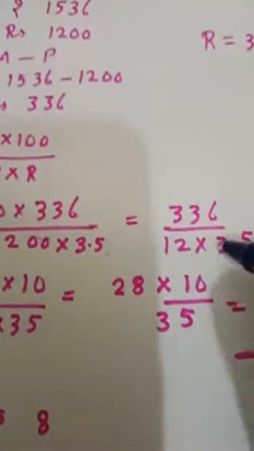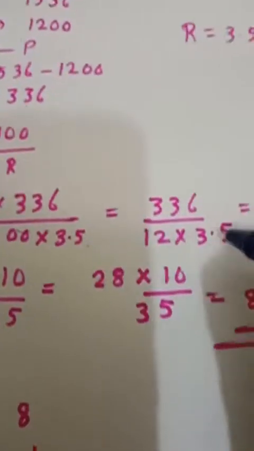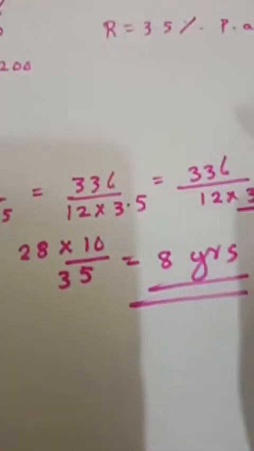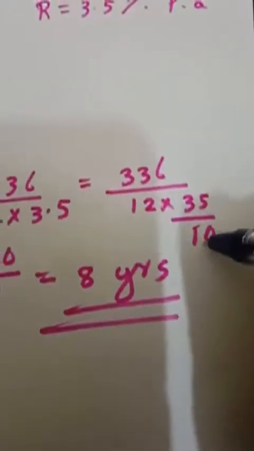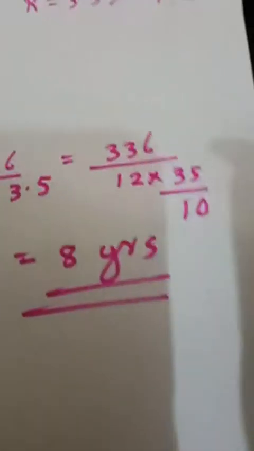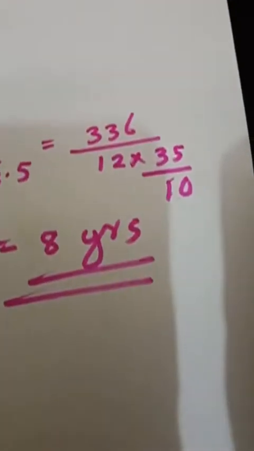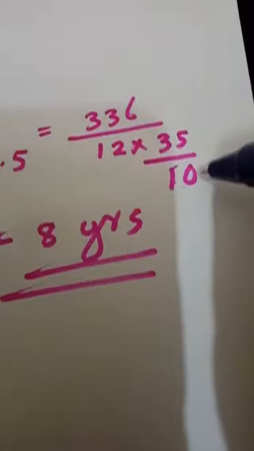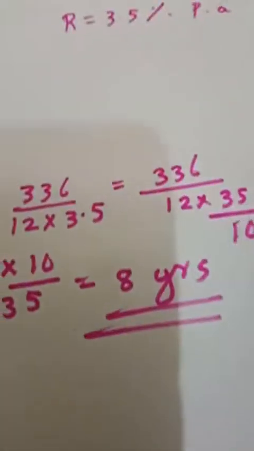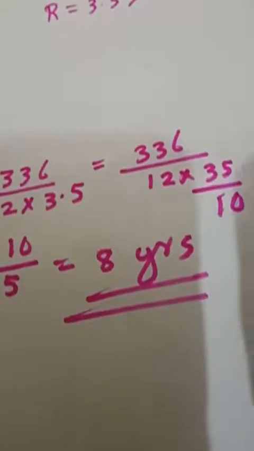So 336 by 12 into 35. Now 3.5 can be written as 35 by 10, then only we can cancel easily. Now this 10 moves from the denominator to the numerator.